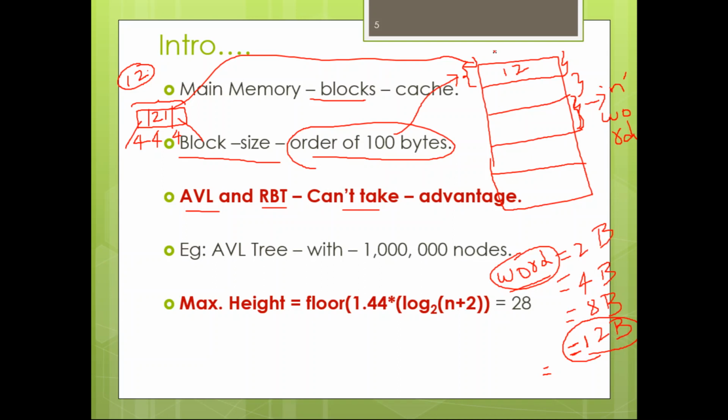Or you can say that the nodes in a particular level of a tree, say level 1, whatever the nodes in level 1 will get into one block normally, and the set of nodes in the next level may be stored in the second block of the main memory.